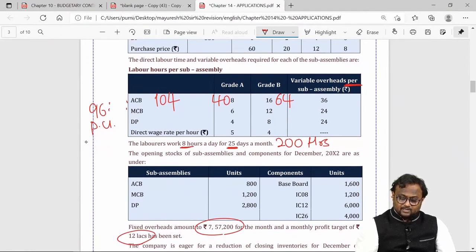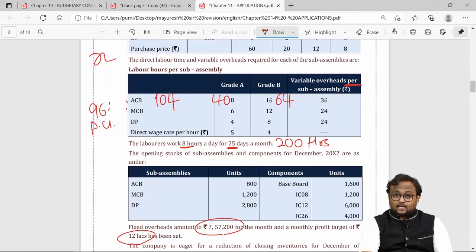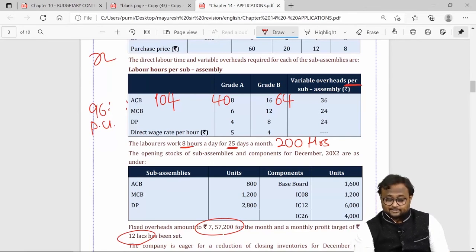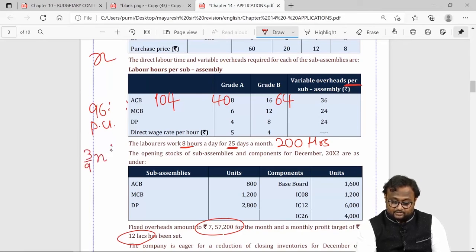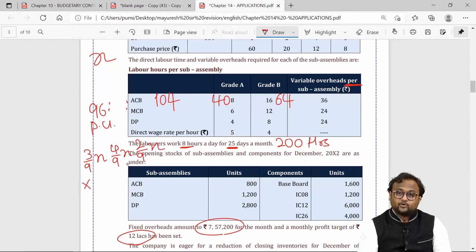Now there are different ways of doing this. You can go for equivalent production. I prefer one simple technique. I'll assume total quantity to be X. If total quantity is X, then 3 by 9X, 4 by 9X and 2 by 9X will be the three quantity structures. Multiplied by per unit contribution, that will give you the individual total contribution of the three products.